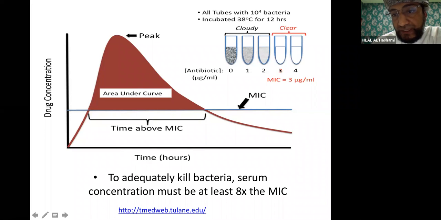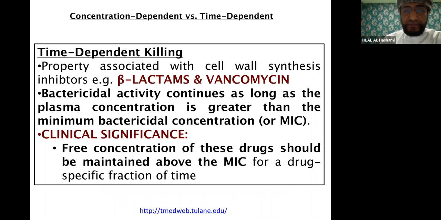The lowest one that inhibits the visible growth is the minimal inhibitory concentration. And with that, antibiotics work in two ways: concentration dependent and time dependent.